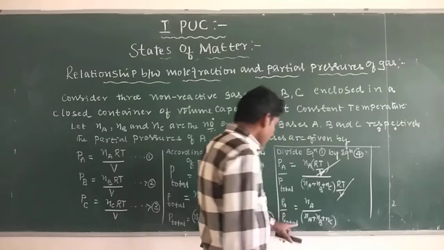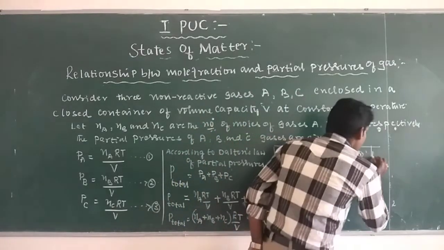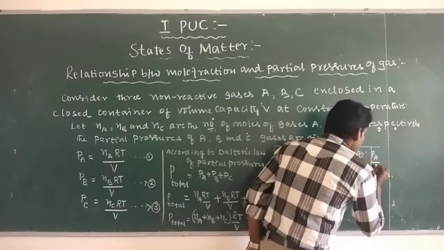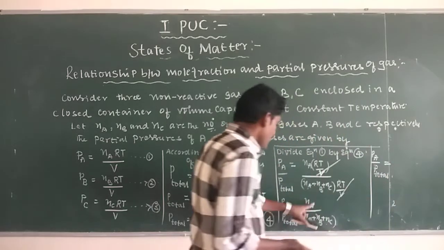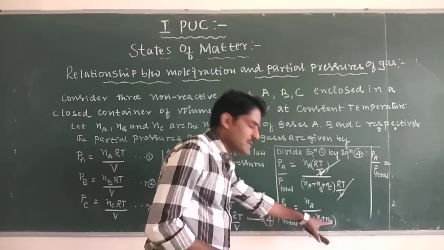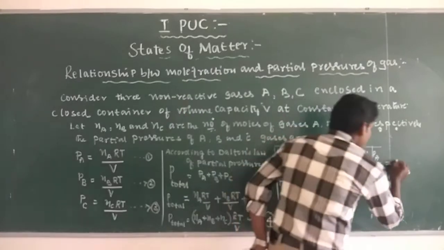So we can write Pa divided by P total equals Na by Na plus Nb plus Nc, which is written as Xa.